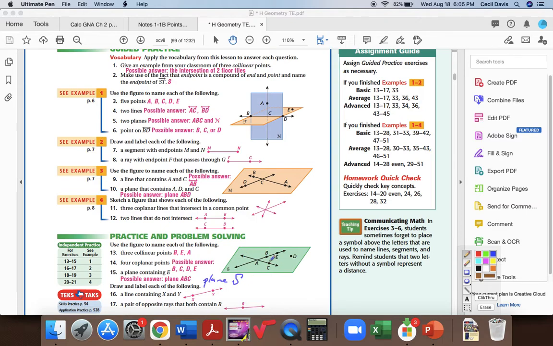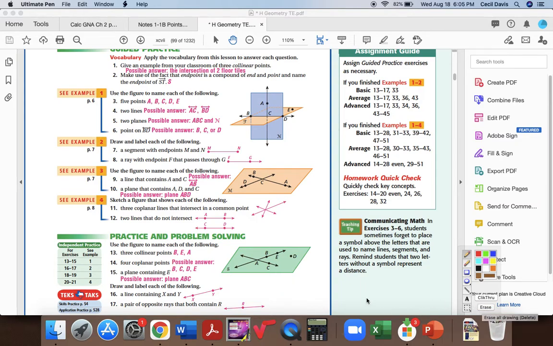The only name that would be wrong for this plane, if you were naming it with 3 letters, would be plane A, B, E, because A, B, and E are collinear points. And when you name a plane, you must name it by 3 non-collinear points. So that is pretty much the only wrong answer if you named it with 3 points.